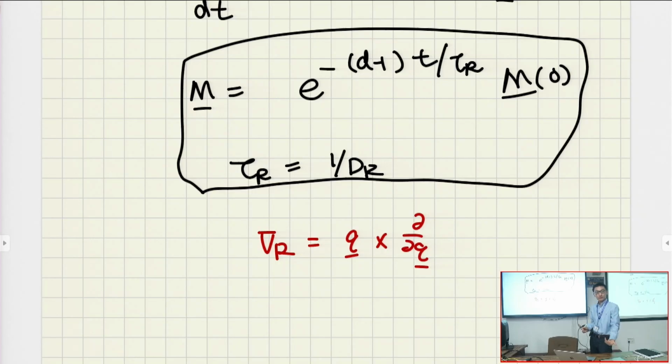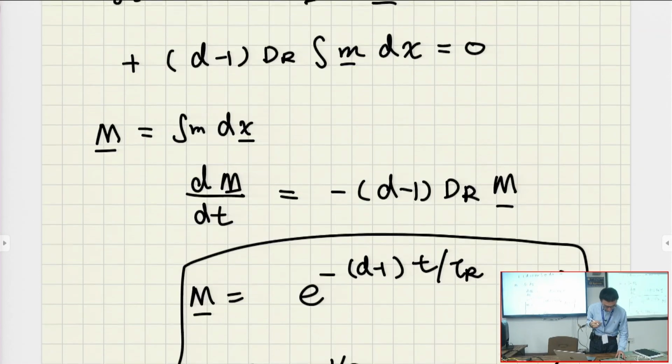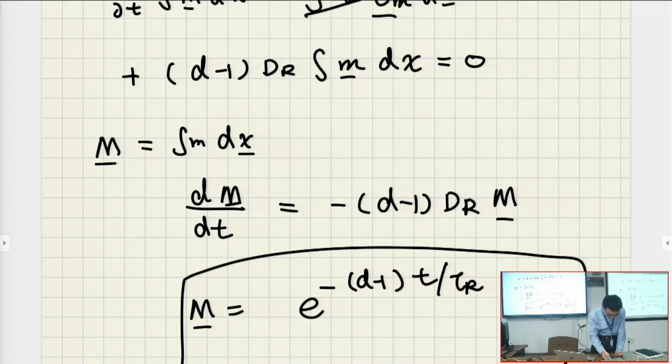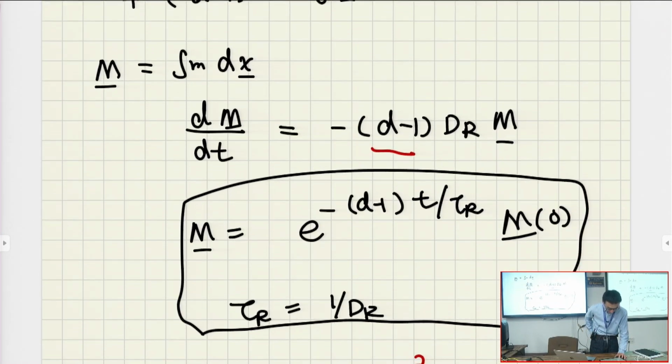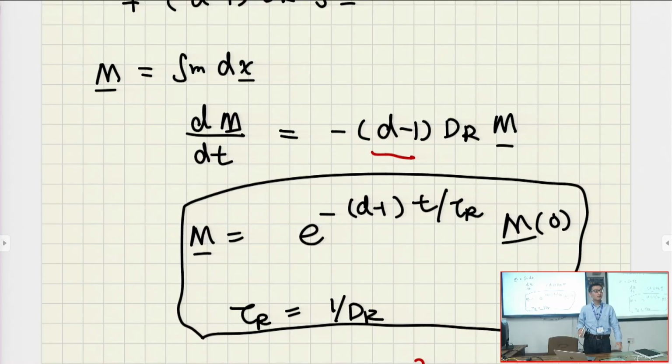If you use the general operator, you're going to derive a conservation equation in any dimension, and the dimensionality would appear in this term. What this equation tells us is polar order is not conserved because we have this sink term here.